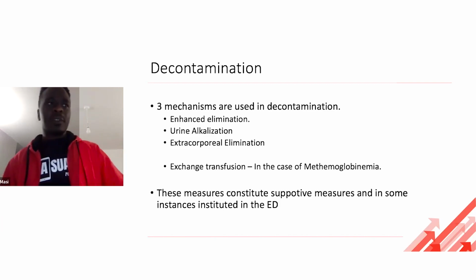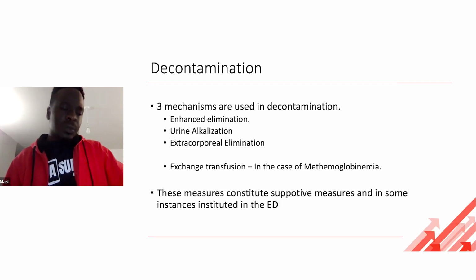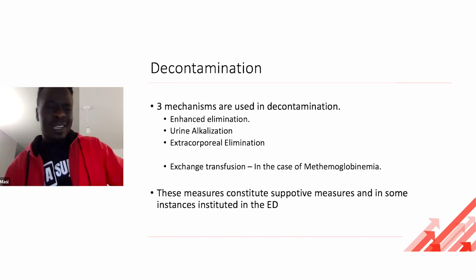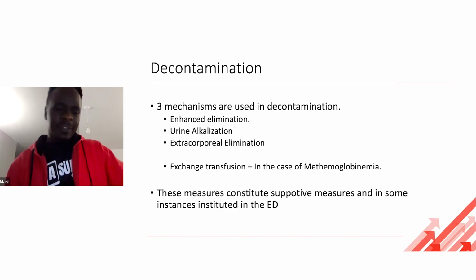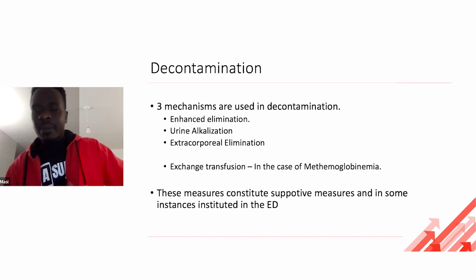There are a couple of mechanisms. One is enhanced elimination, two, urine alkalization, and three, extracorporeal elimination, which essentially involves hemodialysis. The last one, which is for a very specific subset of poisoning, is exchange transfusion, which is quite useful in methemoglobinemia. These measures essentially constitute the supportive care of the patient.